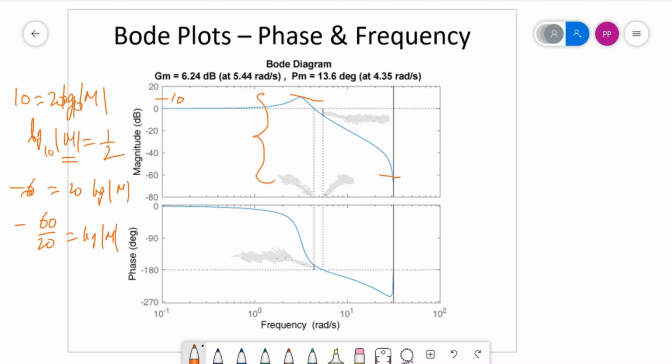Similarly here the phase is on a linear scale, so there is no issue in plotting it. You can see it varies from 0 to minus 270 degree. That is how we plot the Bode plot on graph paper for different system responses over a range of frequency.